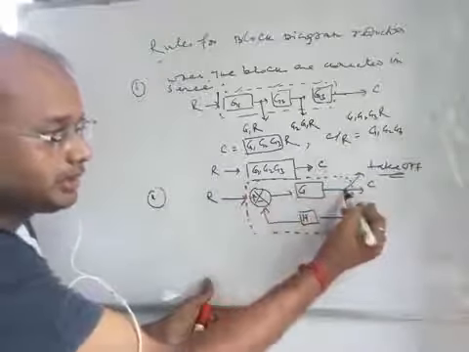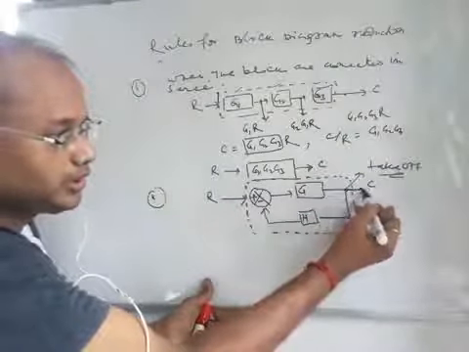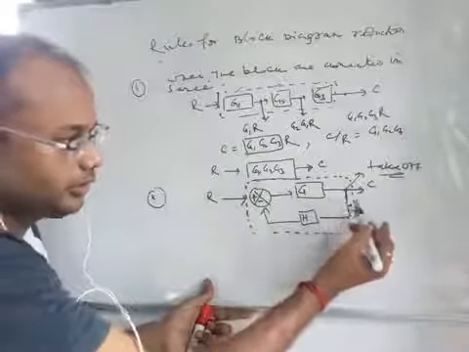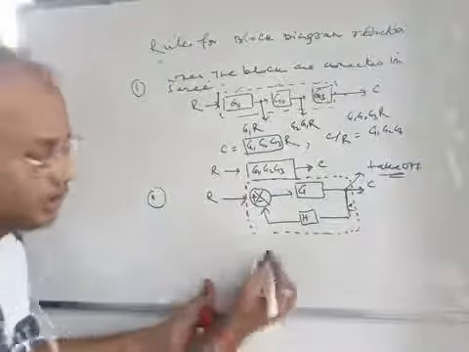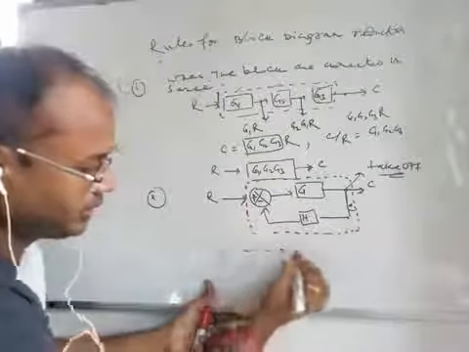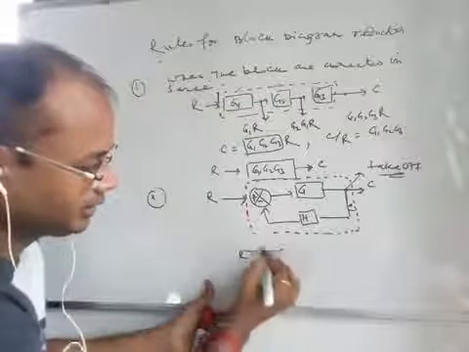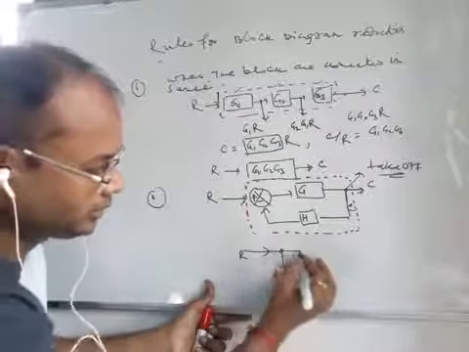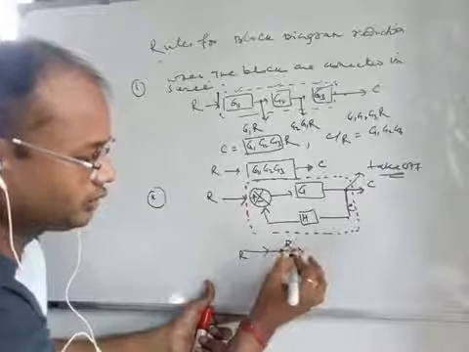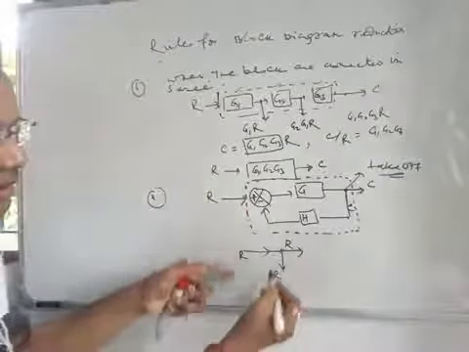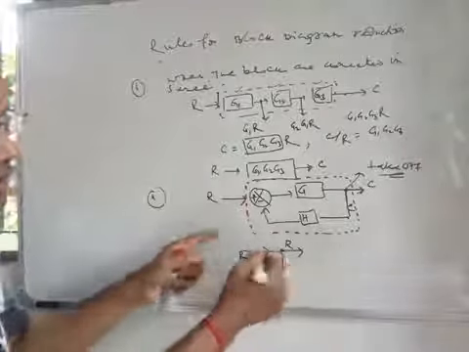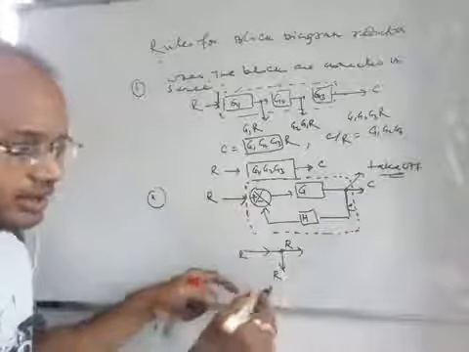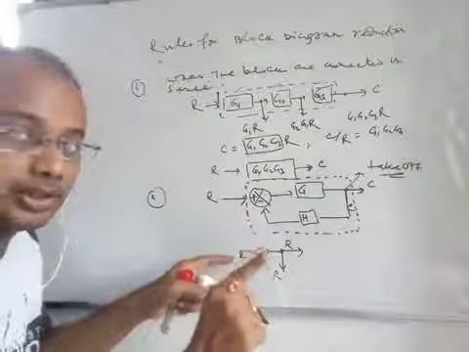Takeoff point means here the signal goes in this direction, that is C, and here also you will have the value C. Say a signal R is going there, then there also you will get R. Takeoff point is a kind of node from where the signal divides, and the same signal goes to the different branches.